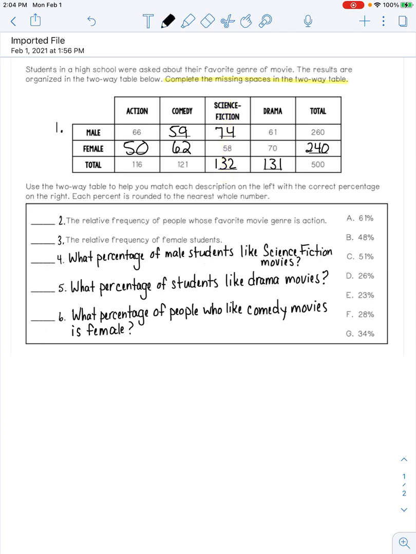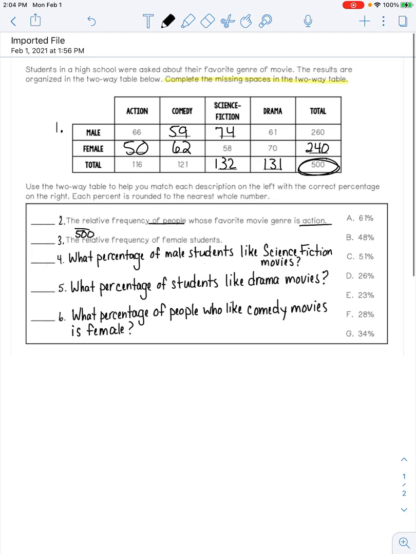All right, so now let's start dealing with our percentage or relative frequency stuff. So look at number 2. We want to find the relative frequency of people whose favorite movie genre is action. So if it just says of people, my whole amount is going to be the overall total, which is 500. And then out of that 500, how many prefer action?